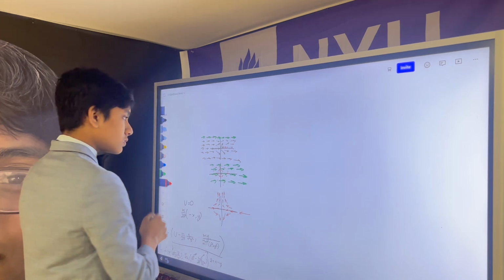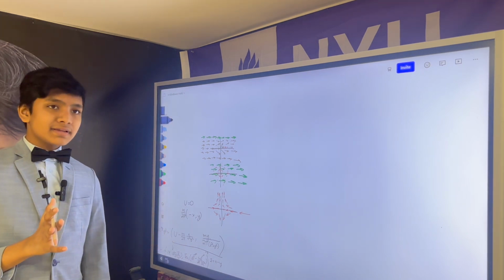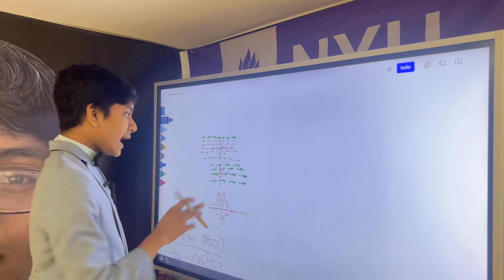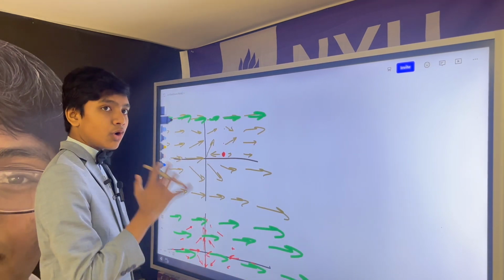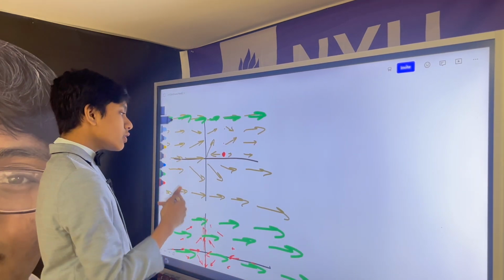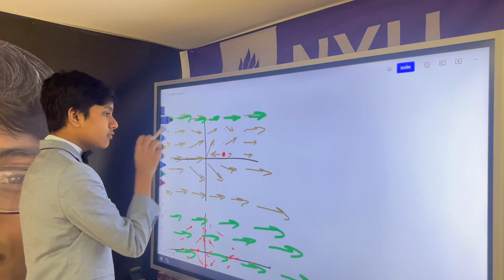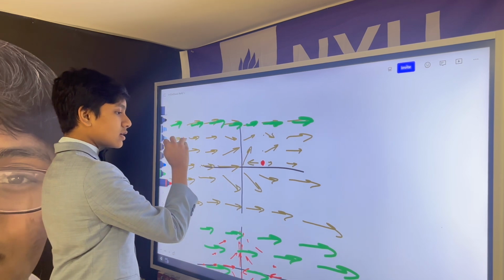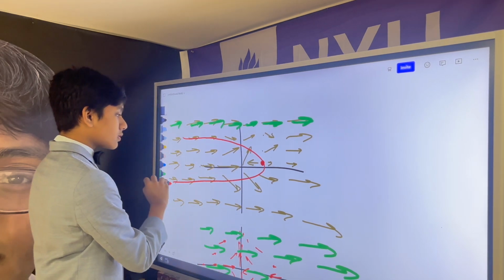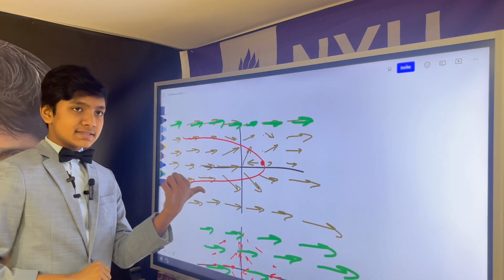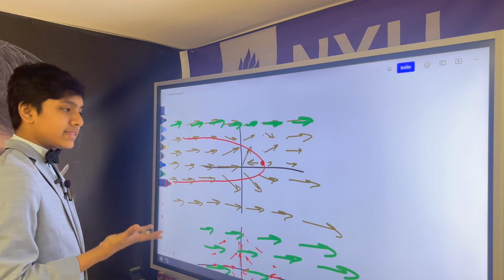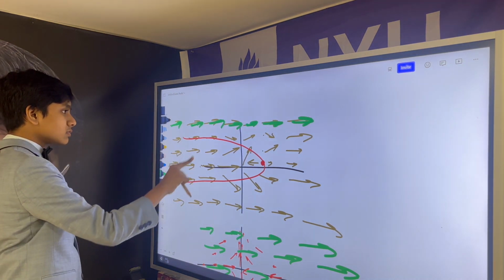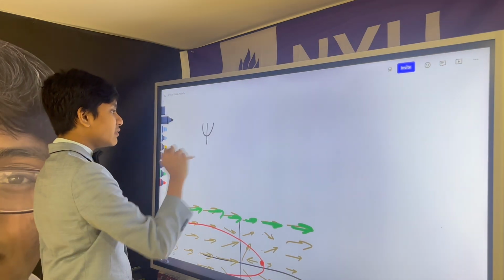So, we have the stagnant point, but what we're going to do now is so much more interesting. We're going to find the streamline of this flow that contains the stagnant point. Looks like this. Now, how do we find that? Well, first we have to find the stream function.